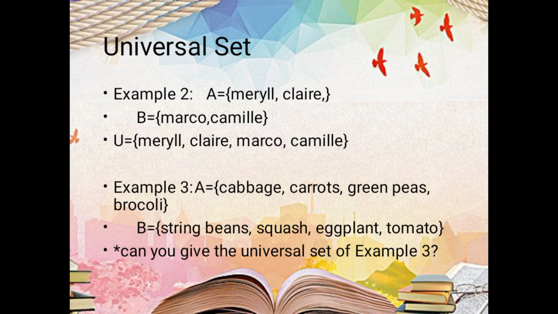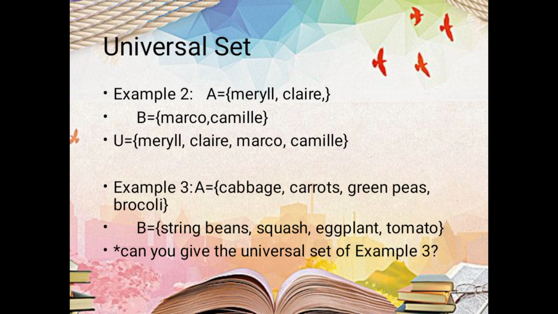For example number 3, A is equal to cabbage, carrots, green peas, and broccoli. B is equal to string beans, squash, eggplant, and tomato. So, can you give the universal set of example 3? Yes, that's correct.